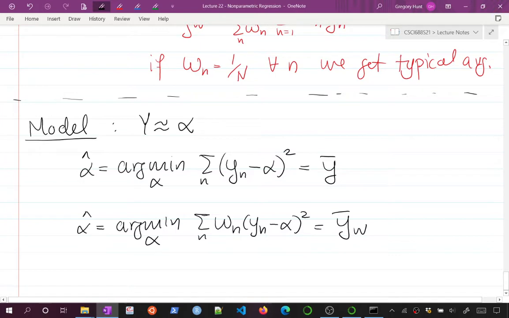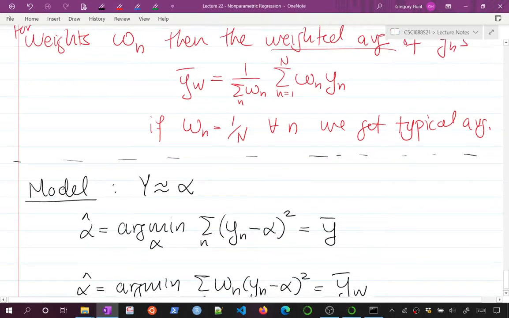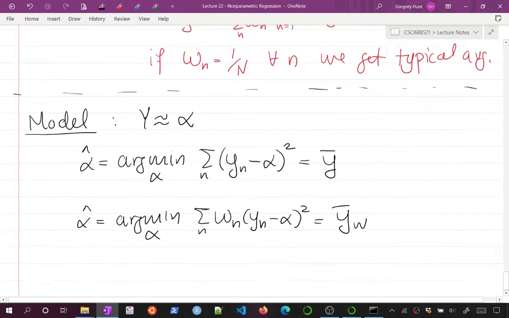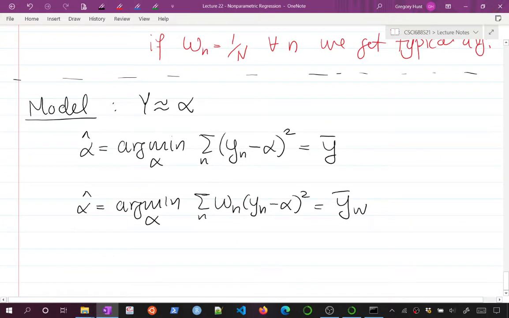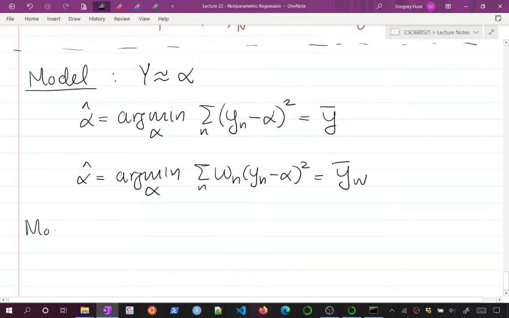So similar deal, probably pretty easy to believe, right? As we defined our weighted average above. So if I weight my loss and minimize, I'll get a weighted average. Now, that's not a particularly typical regression model. It's kind of a degenerate regression model.